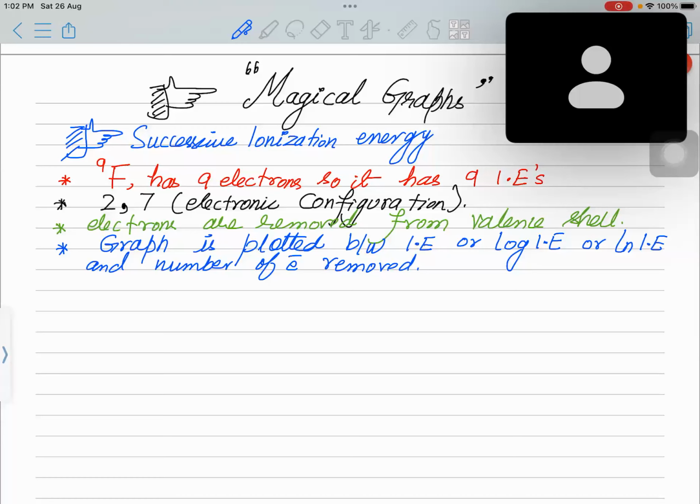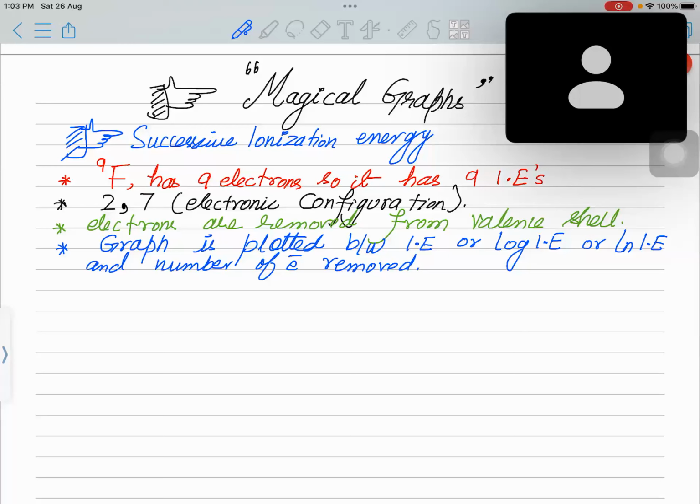Can anyone tell me the factors? So nuclear charge, nuclear distance, shielding effect. Nuclear charge. So these are the 4 factors, right?